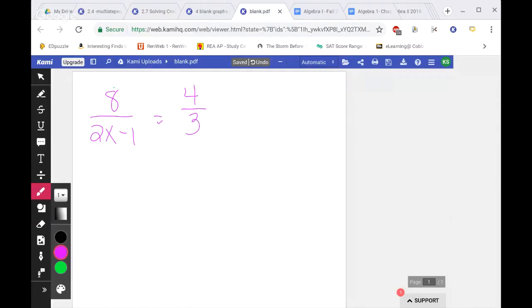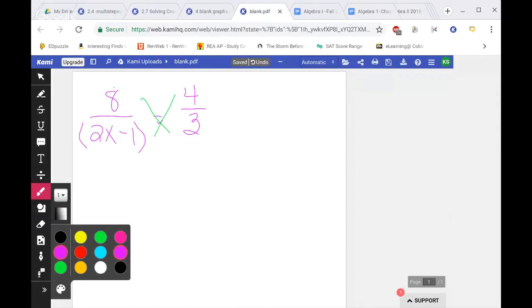Okay, so on this one, what you always want to do when you're working with these types of equations is make sure that you're handling that 2x minus 1 as if it's just a number all by itself. It's like it's an entity all of its own. So it has to be treated that way. So when you do your cross multiplication here, you're going to do your 4 times 2x minus 1 equals 24.